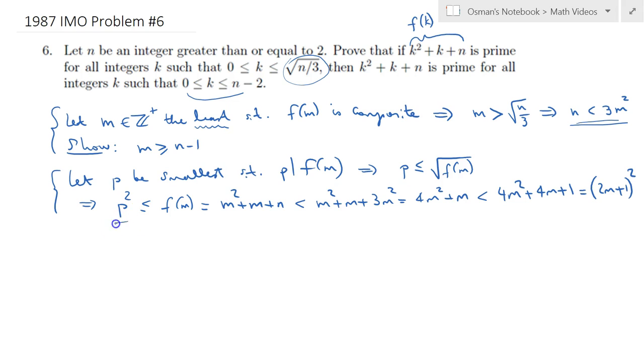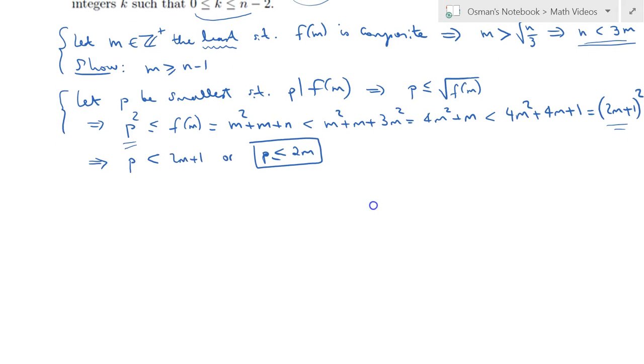And as a result, p squared being strictly less than this expression, this implies that p itself is strictly less than 2m plus 1, or you can equivalently say p is less than or equal to 2m.